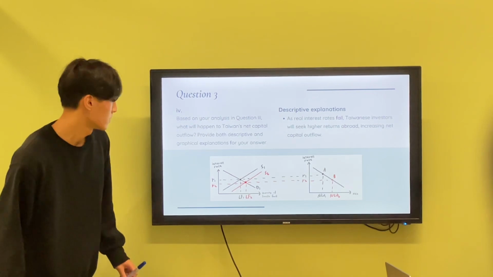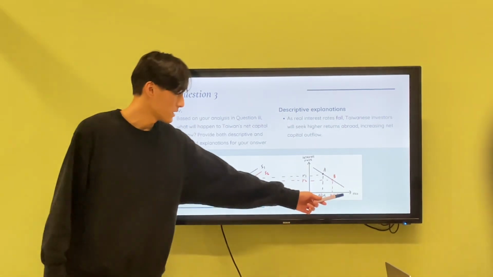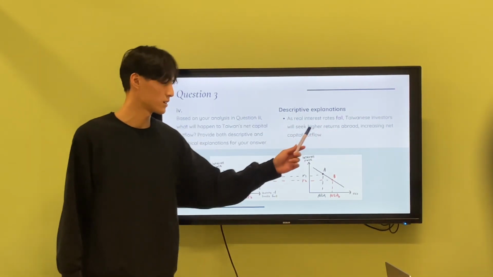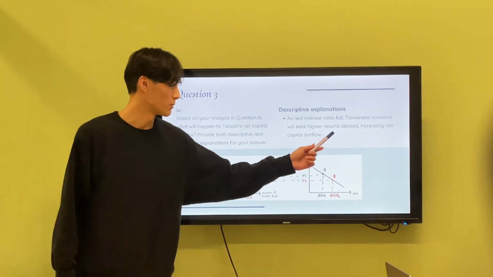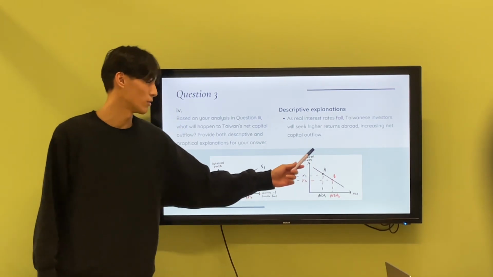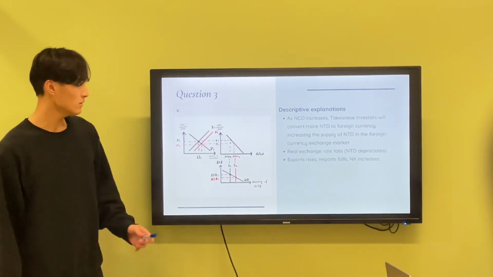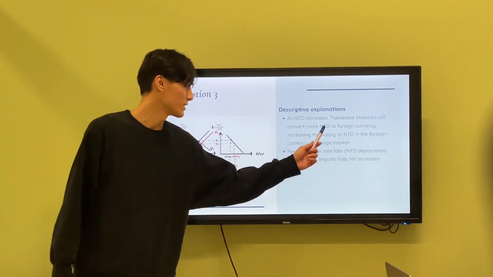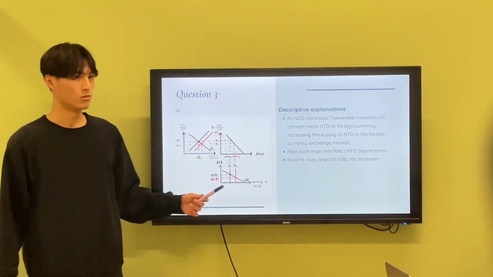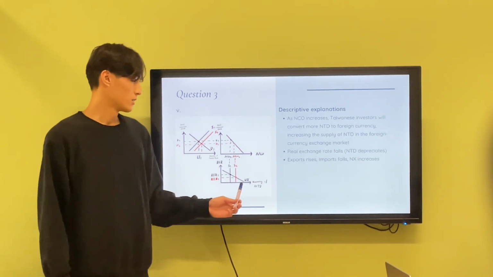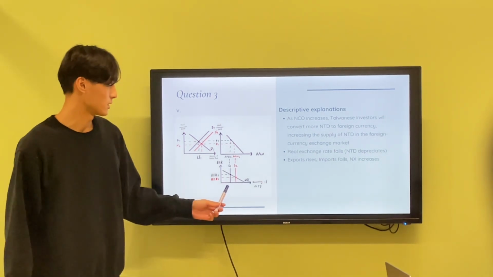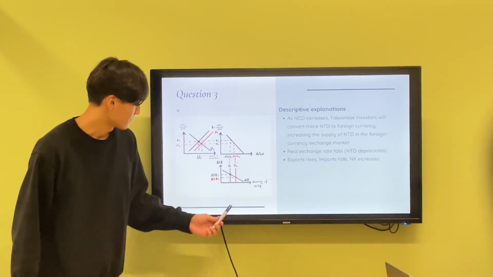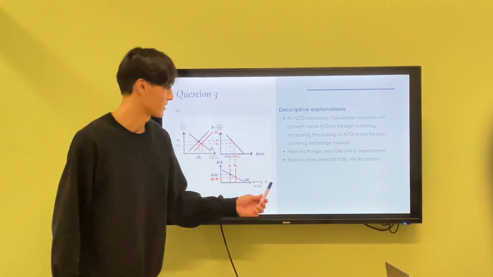The fourth part, we could talk about the net capital outflow. As the real interest rate falls, Taiwanese investors will seek higher returns abroad, increasing net capital outflow. Next one. And as net capital outflow increases, Taiwanese investors will convert more New Taiwan dollars in the currency exchange market, leading to an increased supply of New Taiwan dollars.